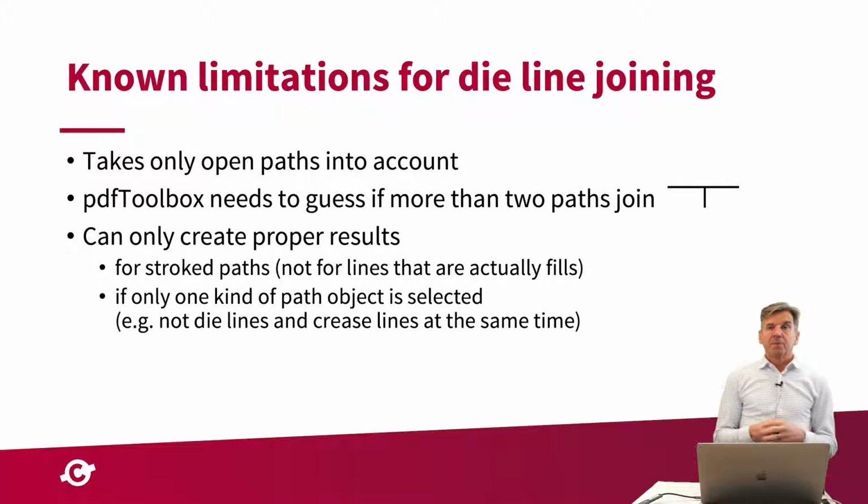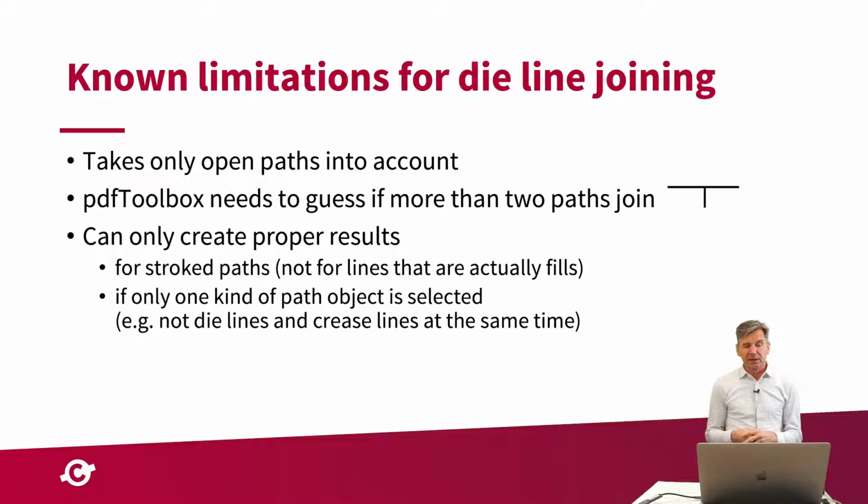A few words on that, because you need to know a little bit how it works. First, limitations, if you want, it only takes open paths into account. So if you have a path that overlaps another path, but both are closed already, then it won't do anything with it.